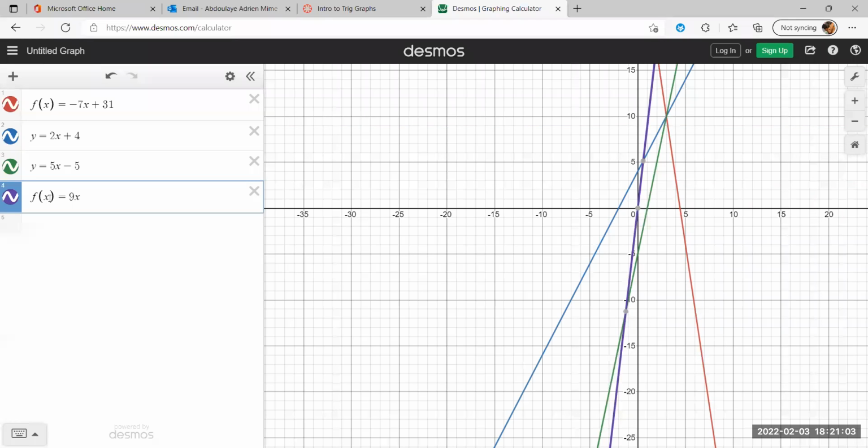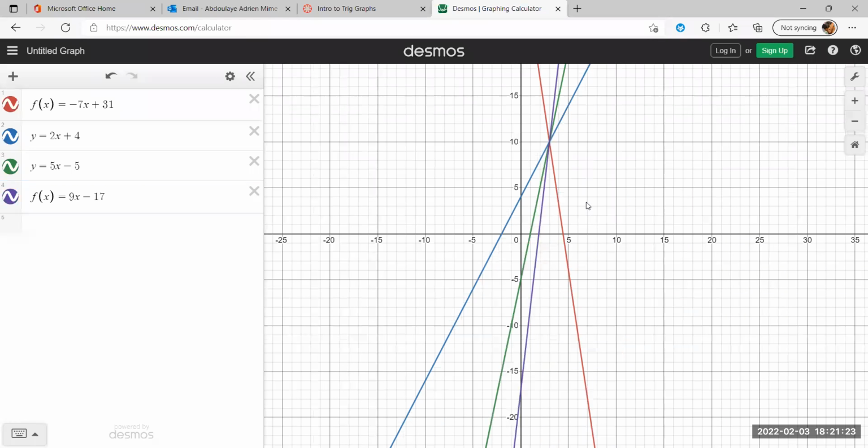What do you think that point is going to be? What is the point that we were looking for? Can you see it? 3, 10. Is that visible on your screen? Yes, so basically they all intersect there.